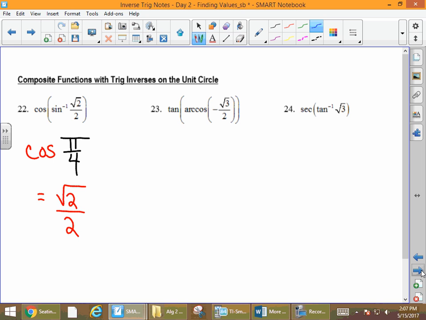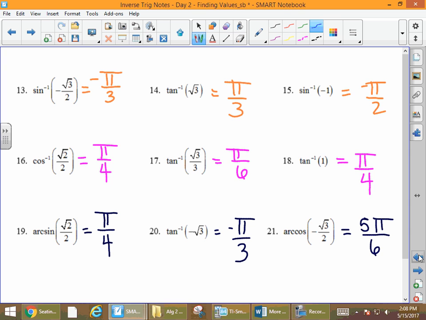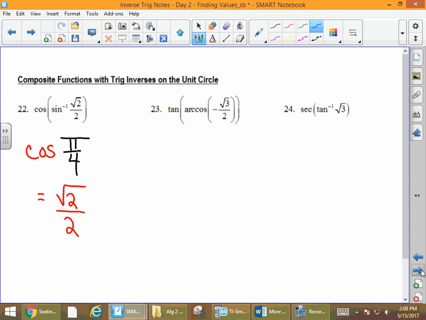Number 23. Look at the inside function. That would be the farthest to the right, the arc cosine of negative radical 3 over 2. And if you're really paying attention, if you flip back and look at 21, I even wrote it as arc cosine negative radical 3 over 2. Well, what's the arc cosine of negative radical 3 over 2?